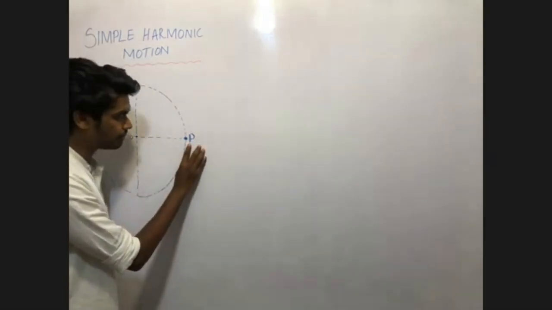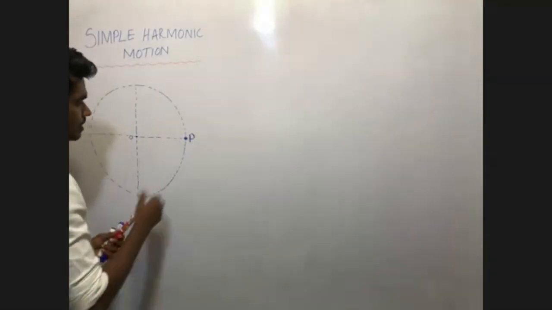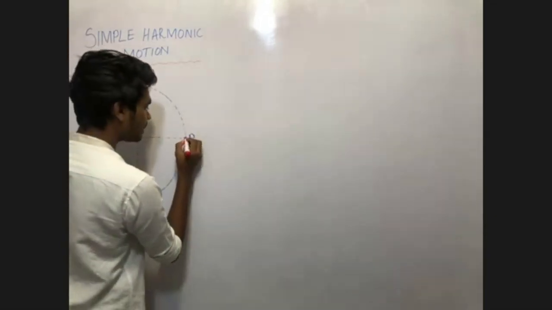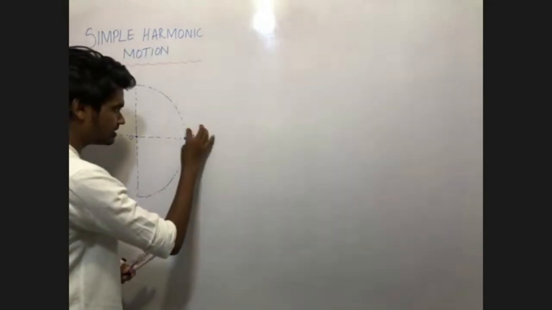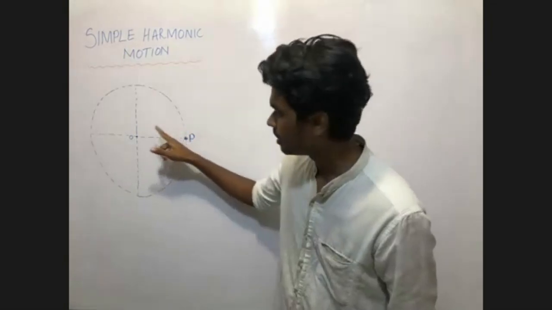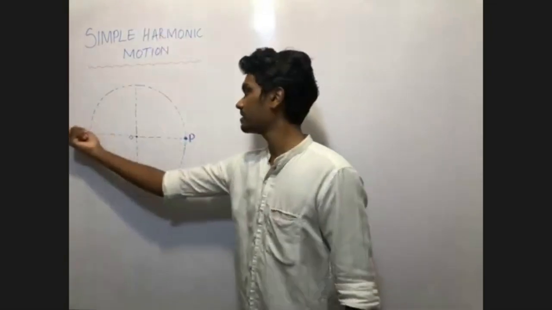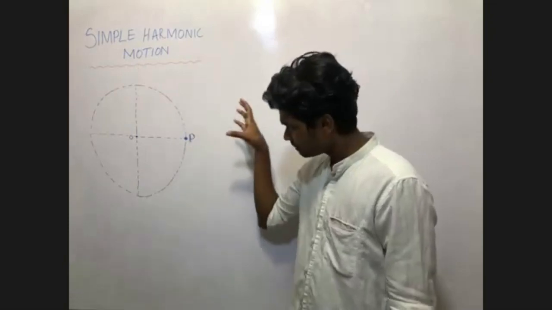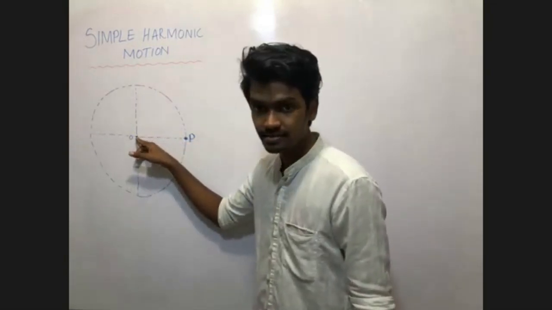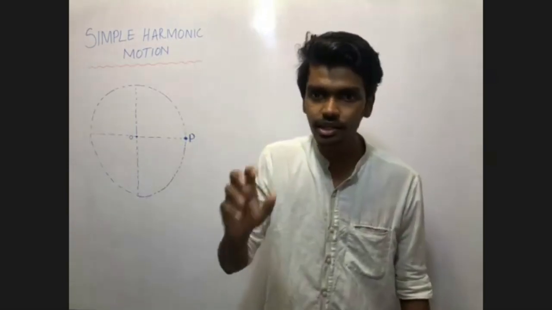This particle is P. Now, if I consider this as the x-axis and this as the y-axis, the projection of particle P on the y-axis, let us assume it to be Q.